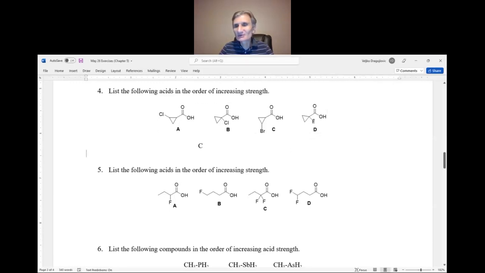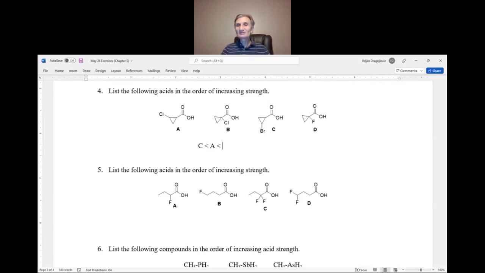So I changed this to fluorine. It's more electronegative than chlorine, so now we don't have that doubt. So now we have bromine 4 bonds away, and here we have chlorine 4 bonds away. 1, 2, 3, 4. So next acid is A. It's stronger than C because chlorine is more electronegative than bromine, but both are 4 bonds away.